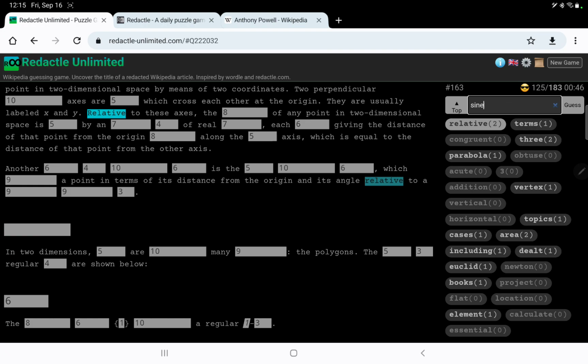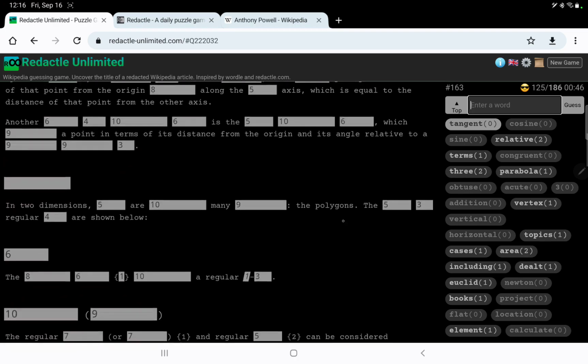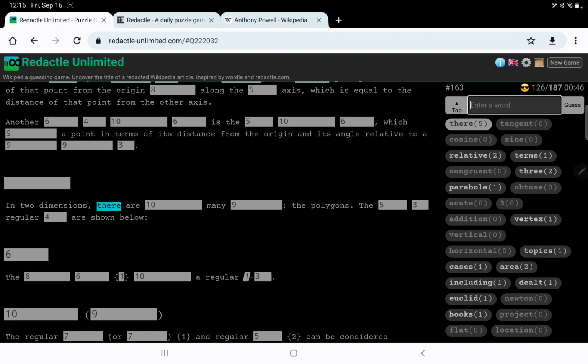Um, let's try sine, cosine, tangent. No. I thought I did there, but maybe not.